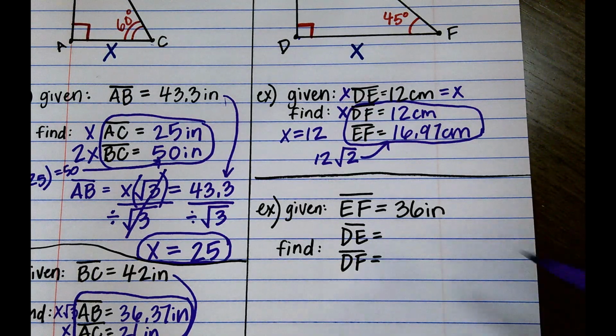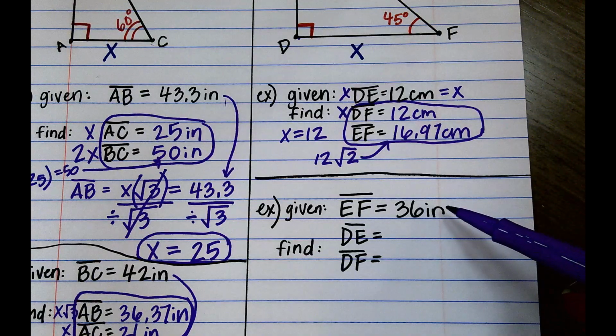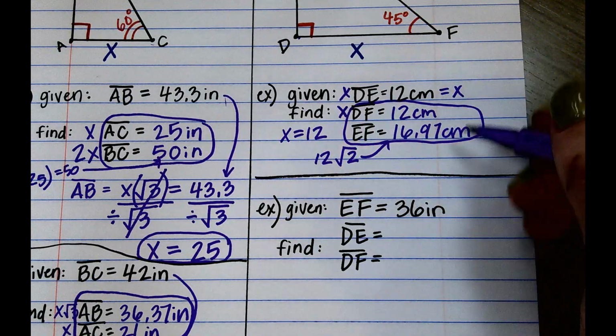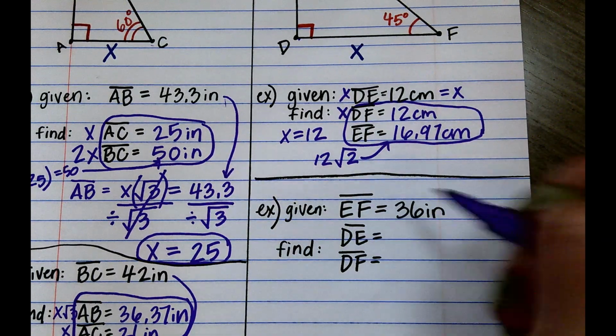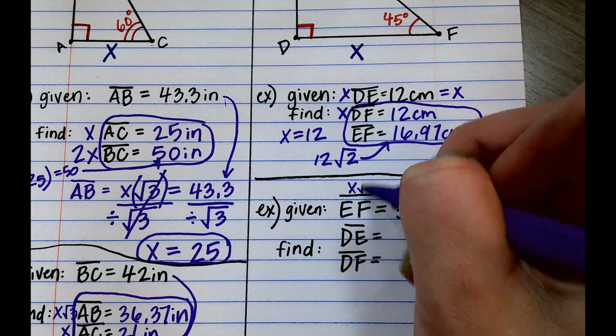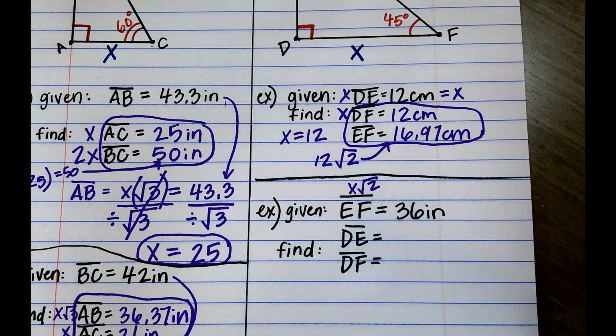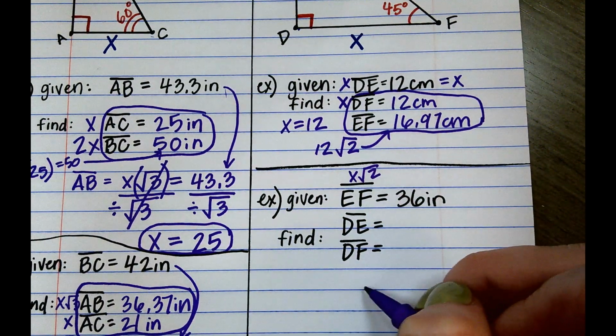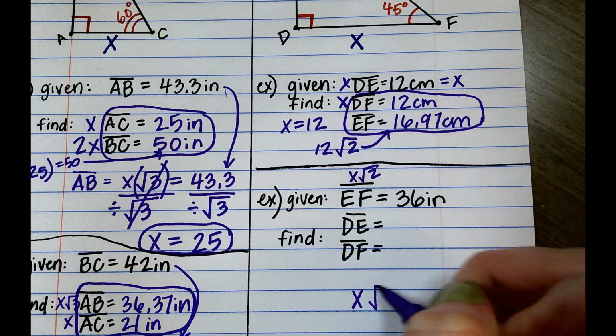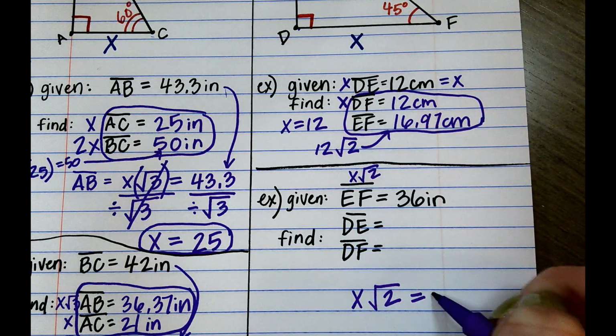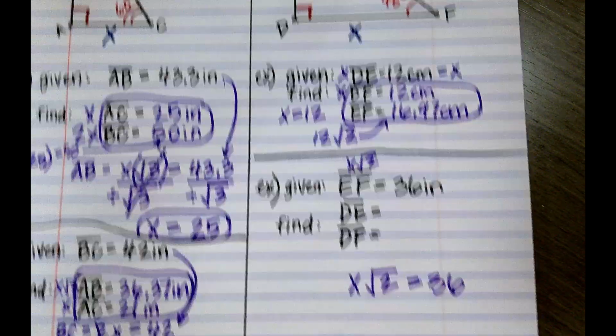EF is x square root of 2, and it's also 36. So we'll set that equation up first: x square root of 2 equals 36.